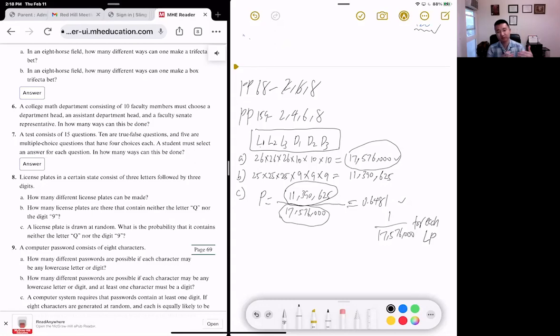This is like an experiment: you break the experiment into different steps, and then for each step, you figure out how many ways there are to do it.